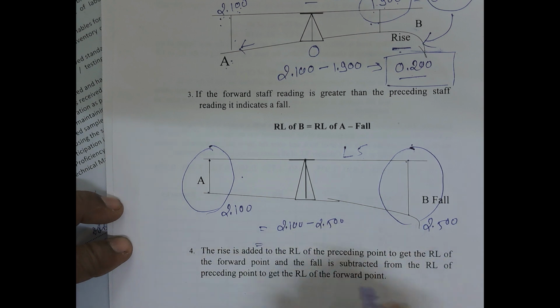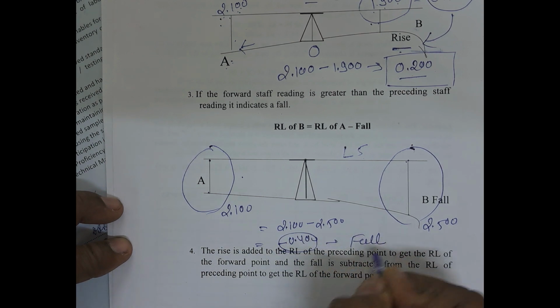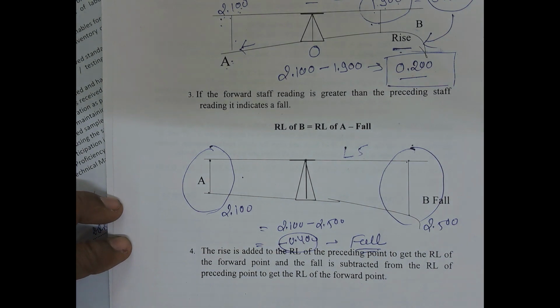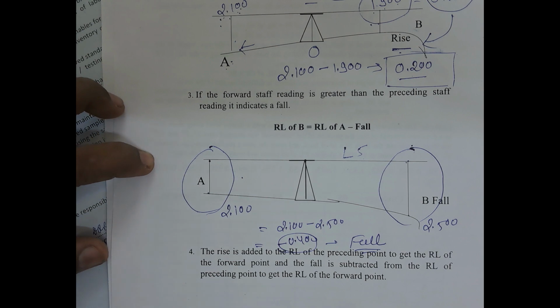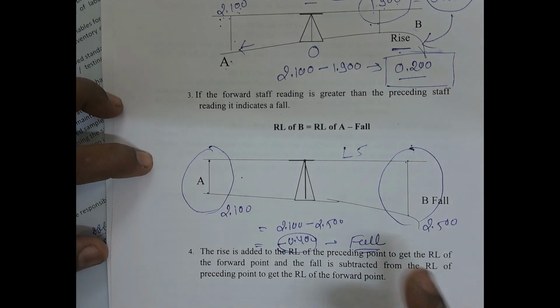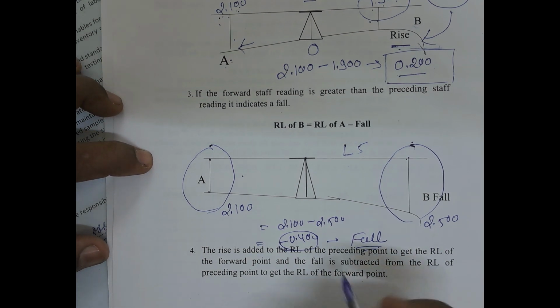This will give a negative answer, and the answer will be 0.400. So this will be considered a fall. So you need to add or subtract: if we have a positive value, then we add it to the previous RL, or if we have a fall, then we deduct the difference from the previous RL.